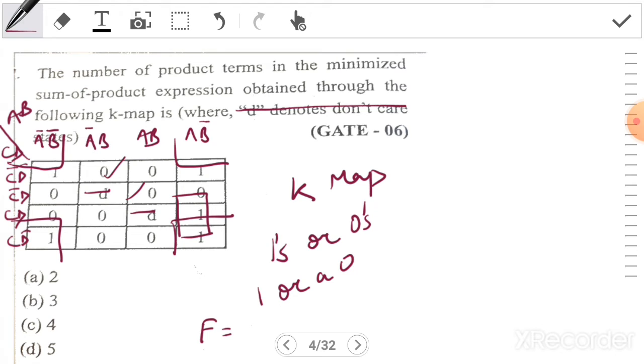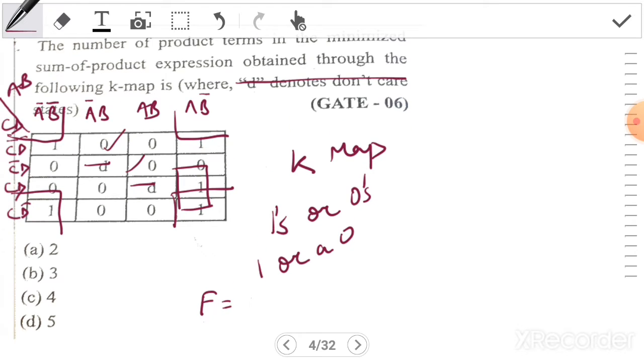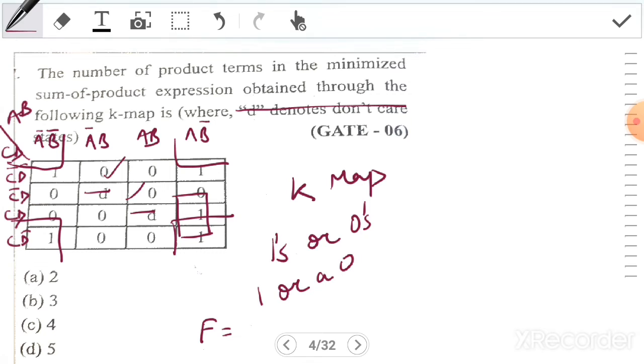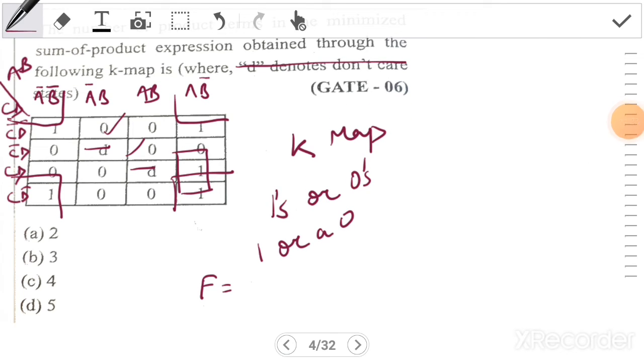Okay. Now write the sum of product expression. So this will be A. Okay, wait.